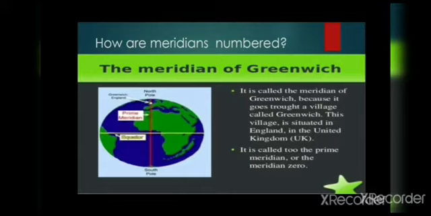Thus, there are 180 meridians toward the east of the prime meridian and 180 meridians toward the west of the prime meridian. The meridian of 180 degrees east and 180 degrees west is the same line. So, in total, how many meridians are there? 360 meridians.